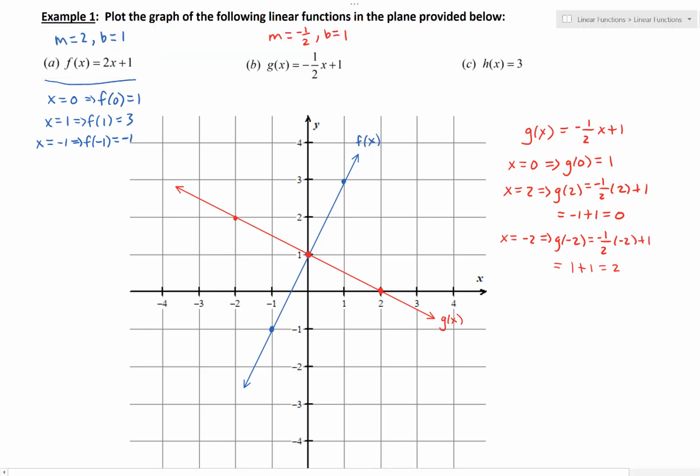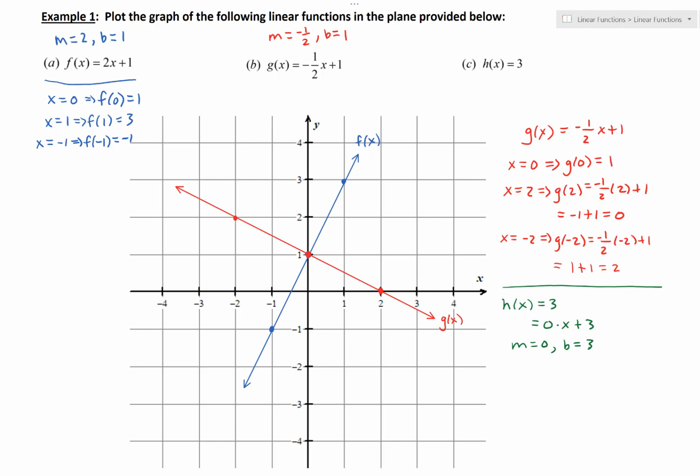And for the last one, h of x, well, h of x is equal to 3. So in that form, m times x plus b, notice that this is the same as 0 times x plus 3. So really, in this case, m is equal to 0 and b is equal to 3, just keeping it in mind. Now for this function, we call it a constant function because no matter which value of x we plug in, it doesn't change.